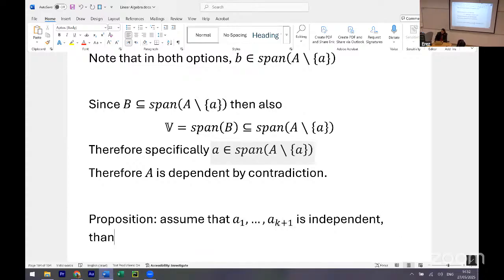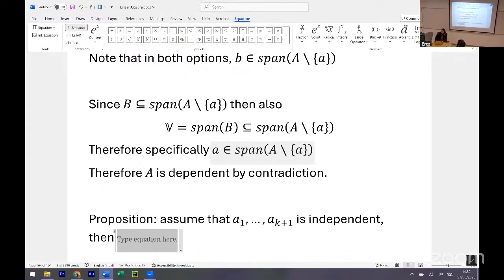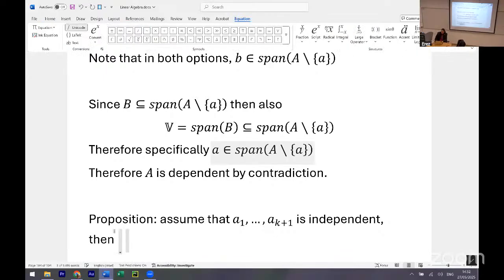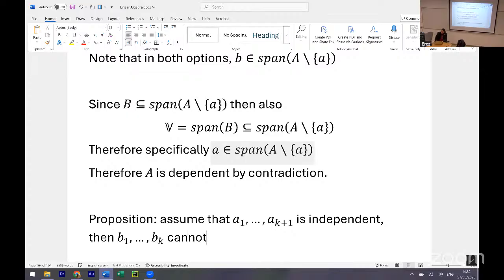Then B1 to BK cannot span the entire vector space.